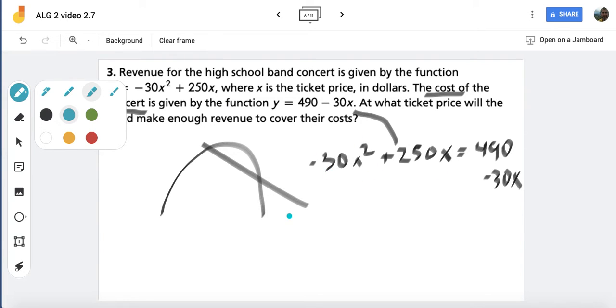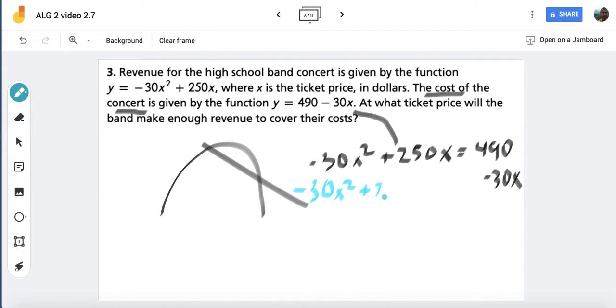And there wasn't any x squared on the right, so I still have negative 30x squared. And then add 30x to 250x, so I get plus 280x. And I want to subtract 490 from both sides. And that's going to equal 0.